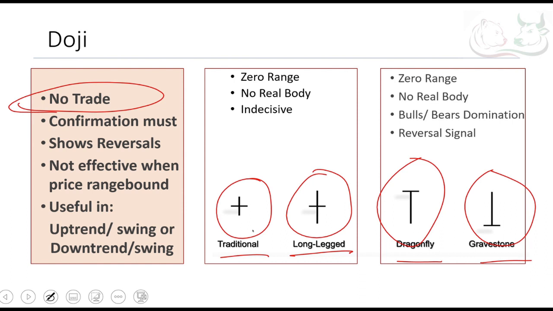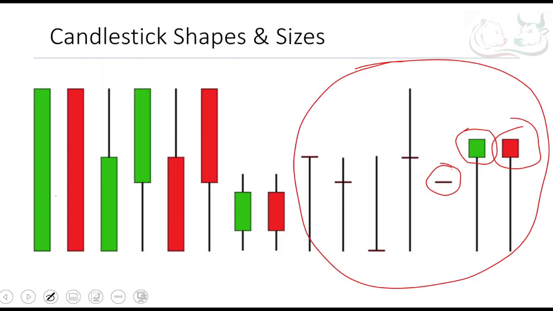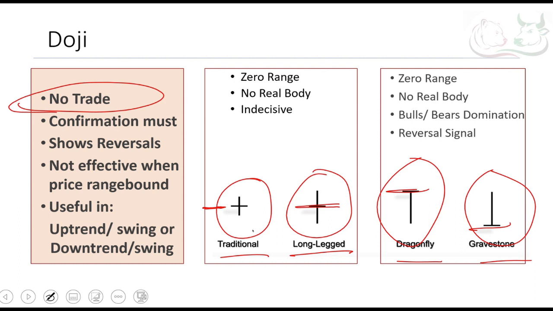So what happened is that the price opened here, because there is no body. If you see all of these, there is no body as such, right? We just see a line here, also a line here, also a line, because in these there was a body and then only a wick. But here there is no body, but there is a tail on both sides.